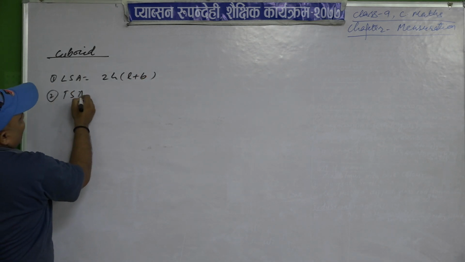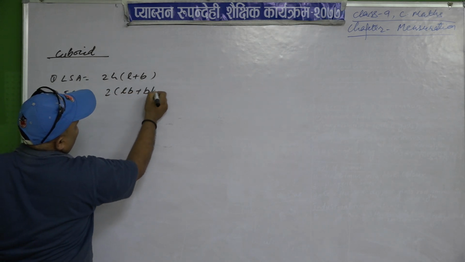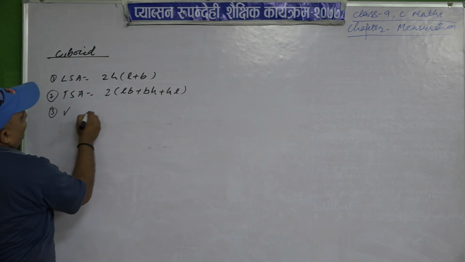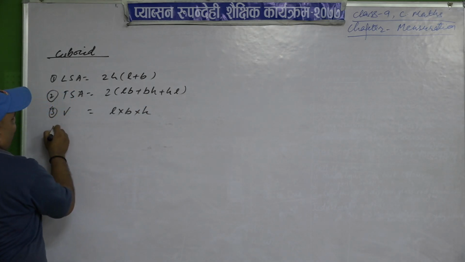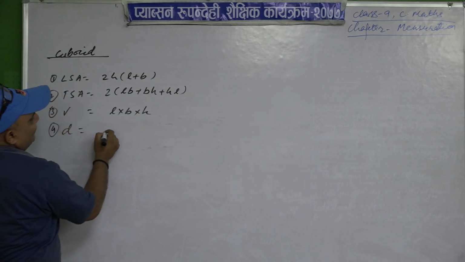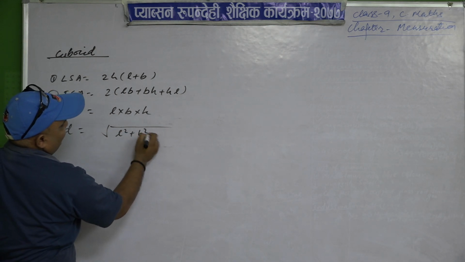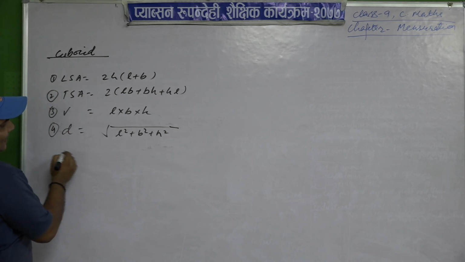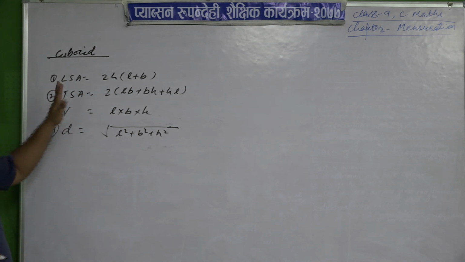Similarly, TSA is 2(LB plus BH plus HL), volume is L into B into H, and diagonal is under root L square plus B square plus H square, and we know there are 4 diagonals of any cuboid.